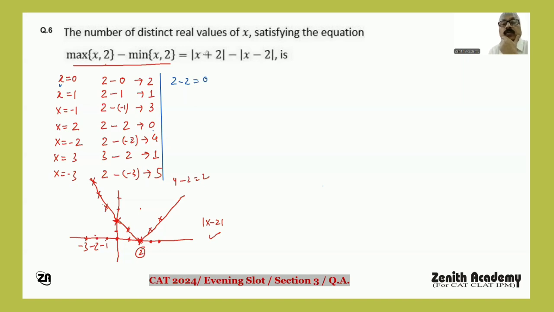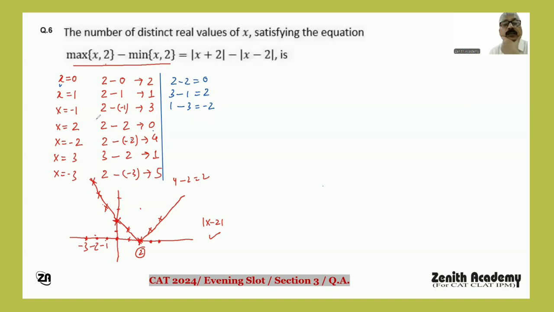If I put x is equal to 1, 1 plus 2 is 3, and 1 minus 2 is -1, mod of -1 is 1, so this is equal to 2. If I put x is equal to -1, -1 plus 2 is 1, so it is 1, minus, and -1 minus 2 is -3, and mod of -3 is +3. So 1 minus 3 is -2.